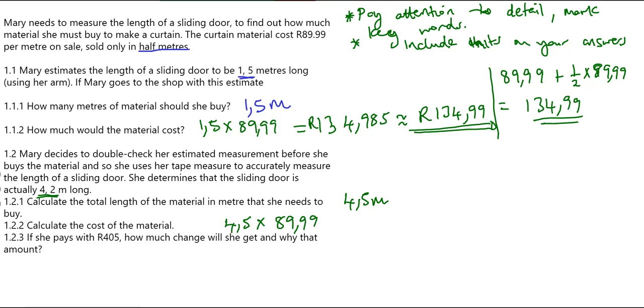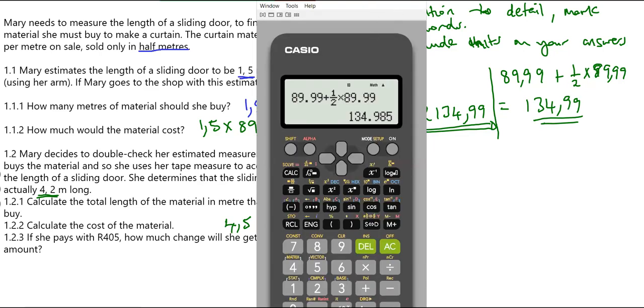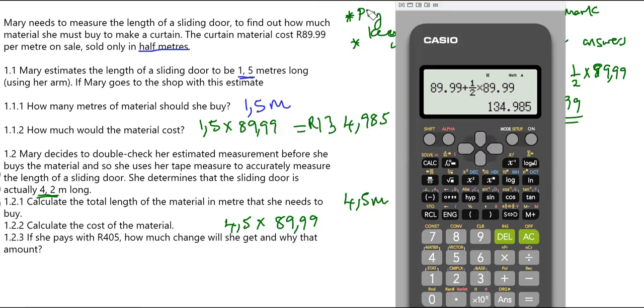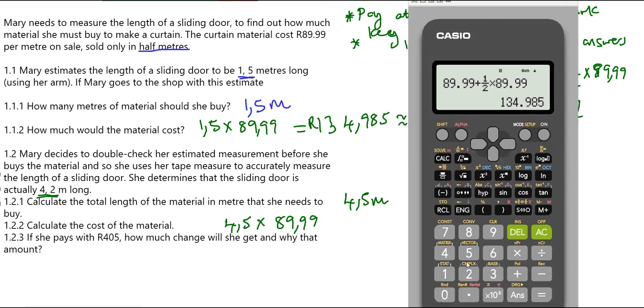If we do that, let me keep my calculator this side here. So we have got 4.5 times 89.99. What do we get?